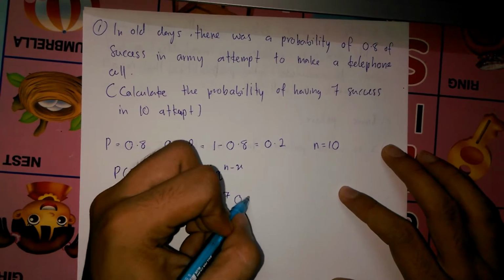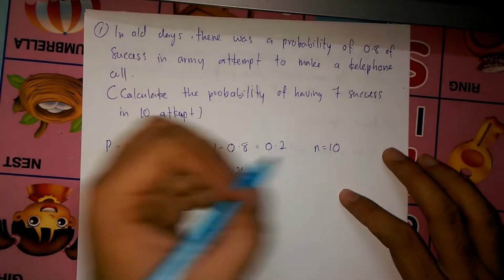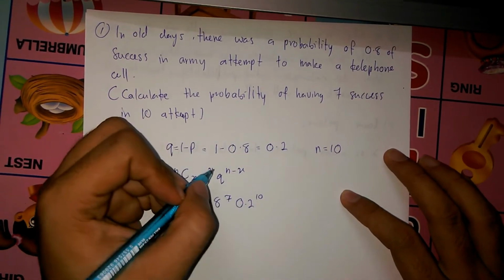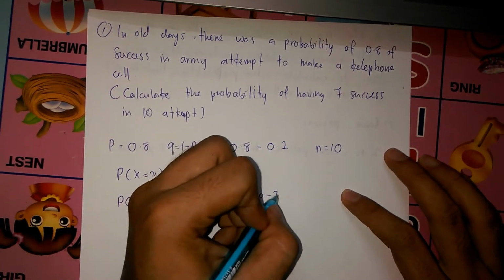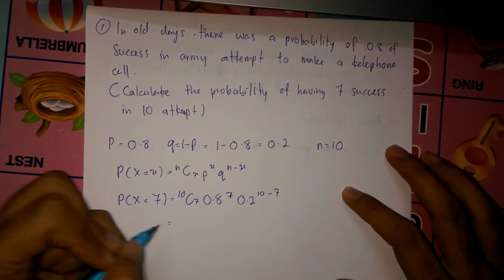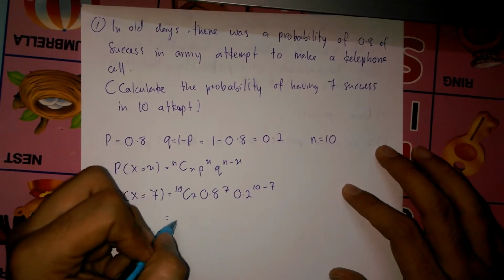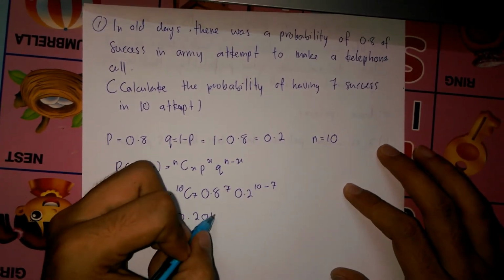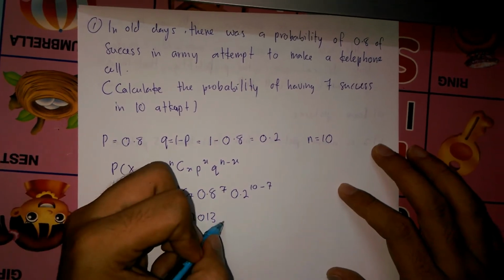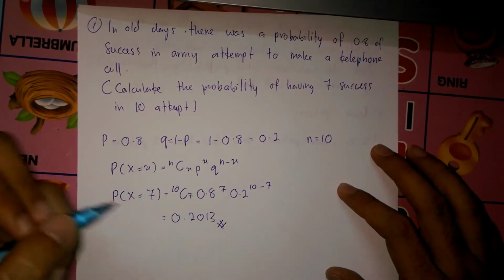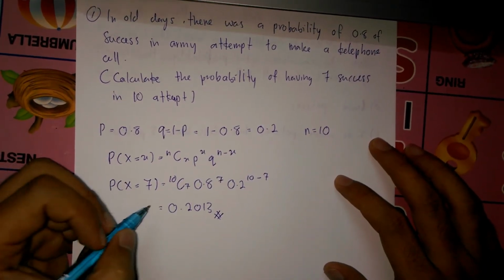P is 0.8 to the power 7, times Q 0.2 to the power 10 minus 7. So we calculate with the calculator and we get 0.013. This is our answer for the question.